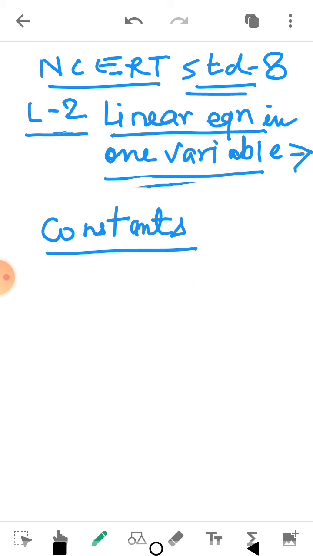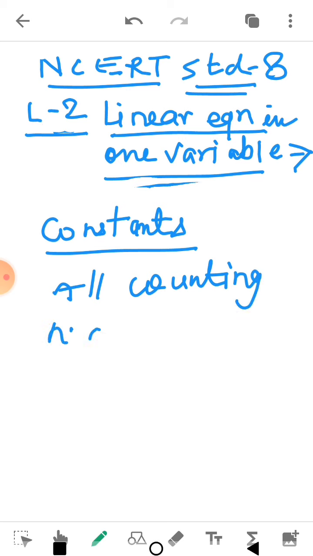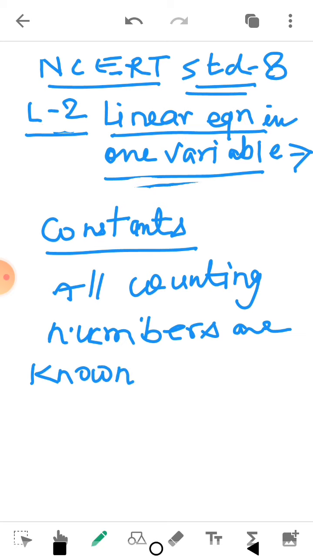Constants: all counting numbers are known as constant term.